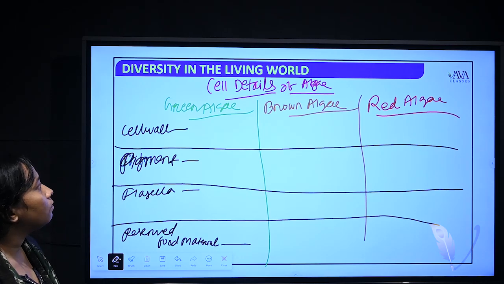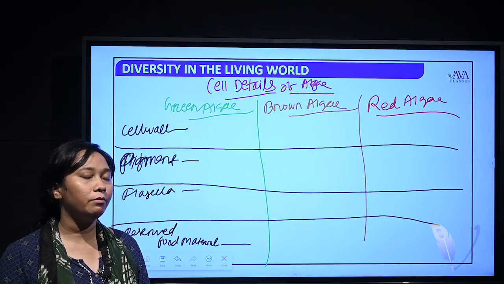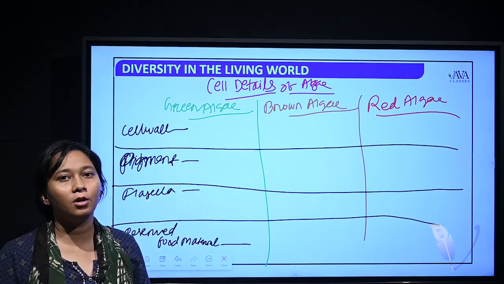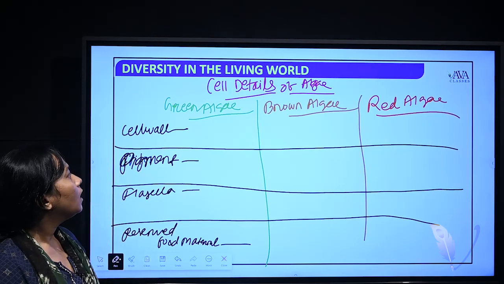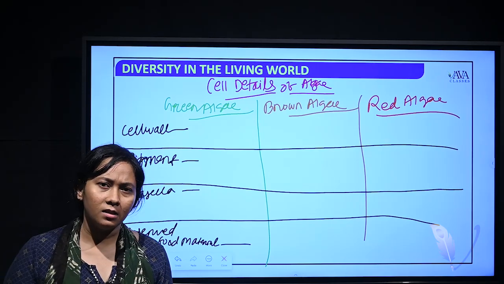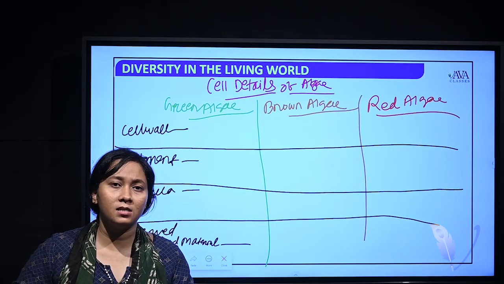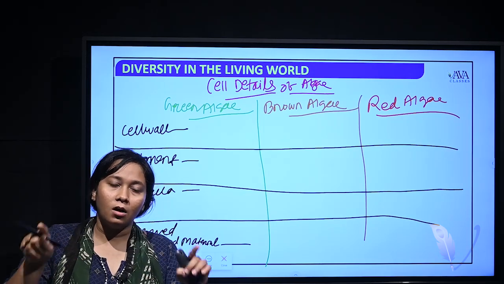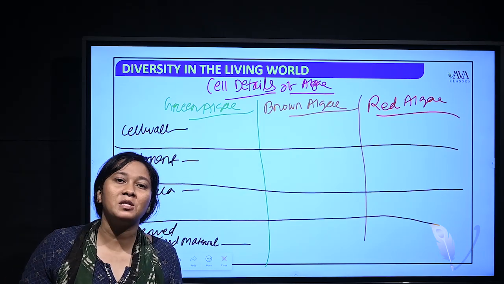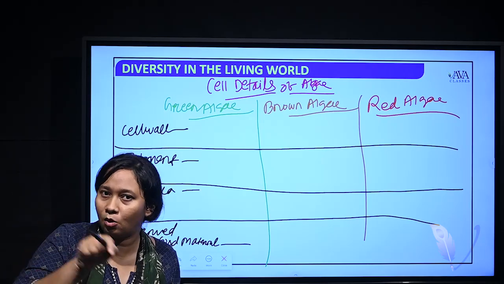And when we look into the three types of the cell wall of the algae, as they are plants, they have cell wall. They are plants, it means around their cell they have a specific envelope-like structure which is cell wall.